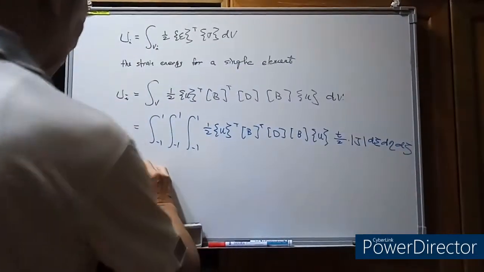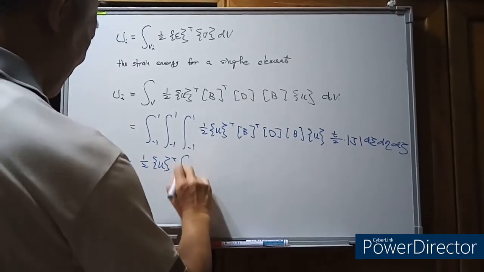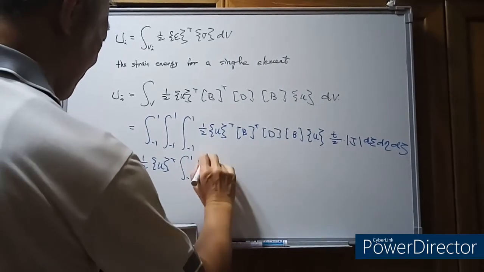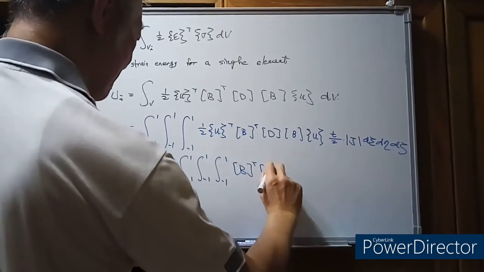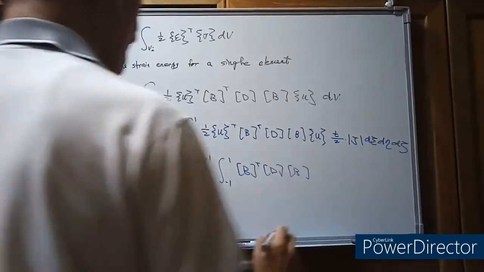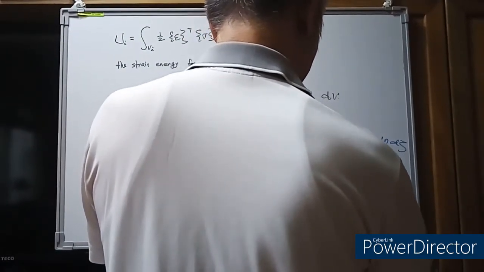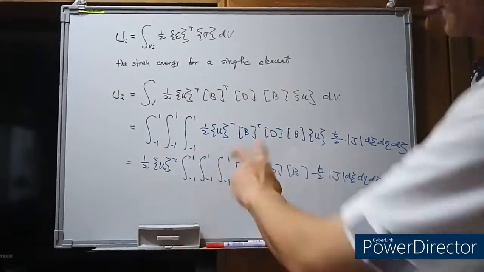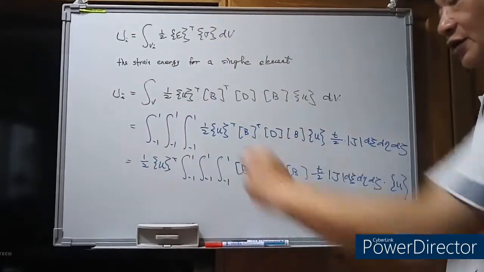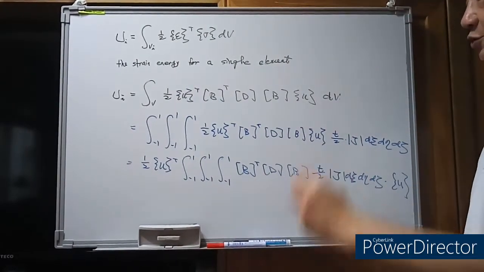So the 1/2 U transpose will be taken in front of the integration, and the U vector will be taken out of the integration also.